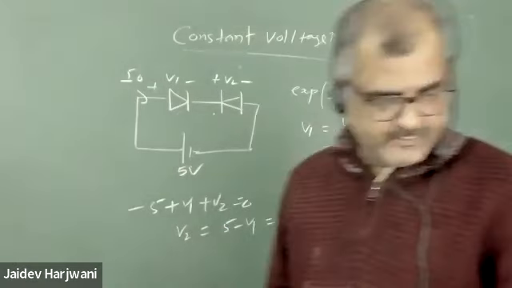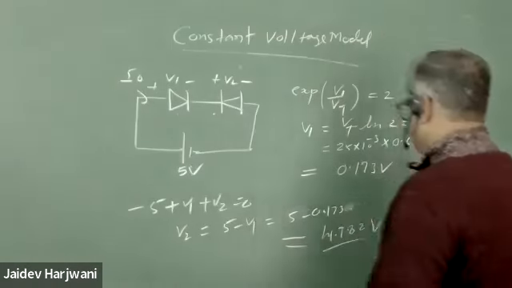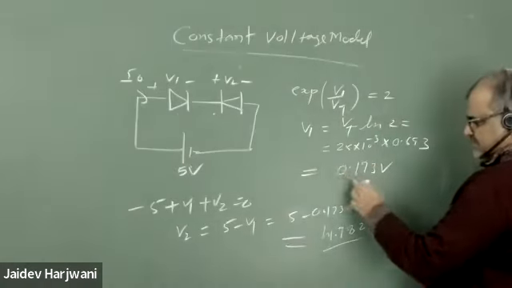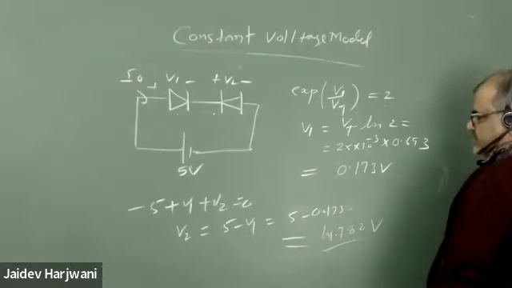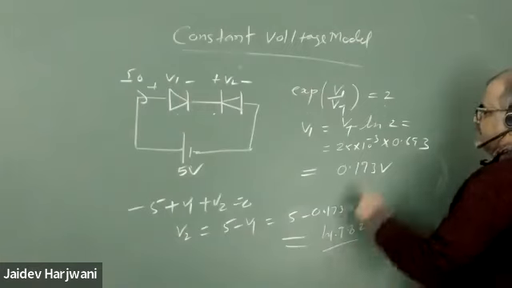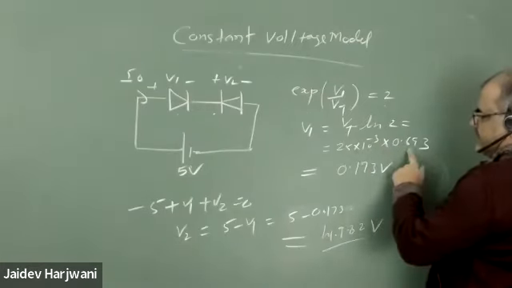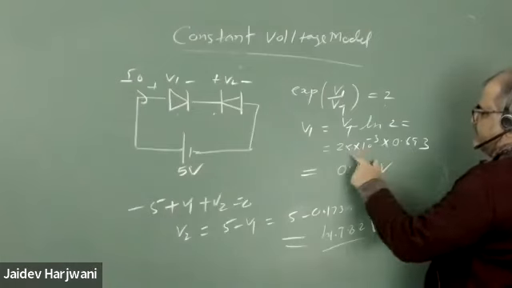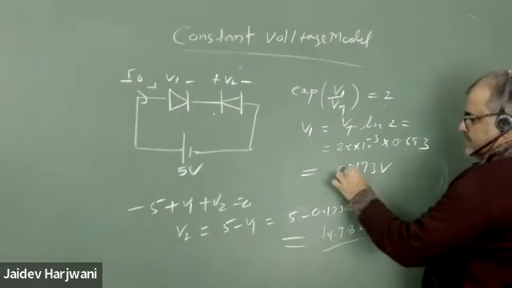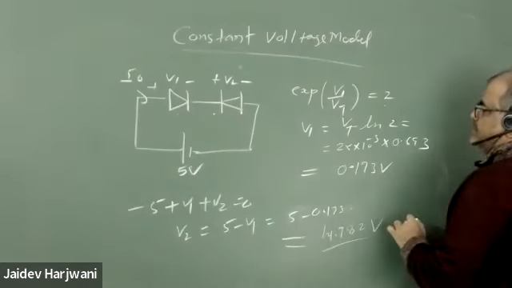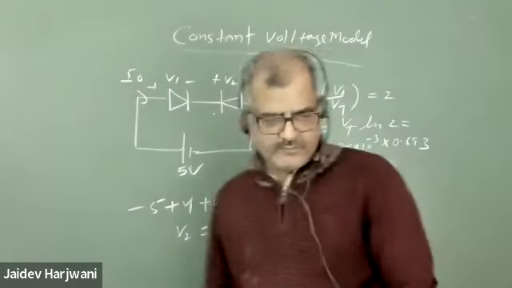V1 comes out to be 0.0173, that you can check. Okay, 0.173 or 0.0173? Check. So this is 10 to the power minus 6, 600. ln 2 is 0.693 only, so 0.0173.